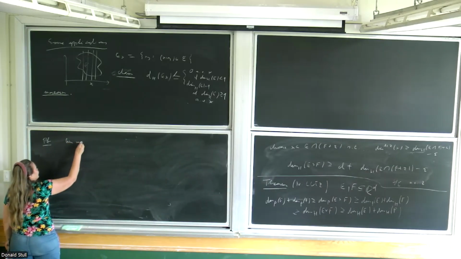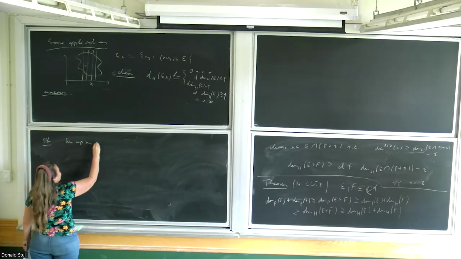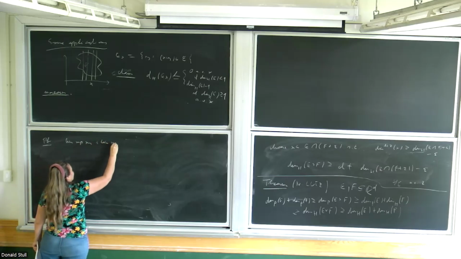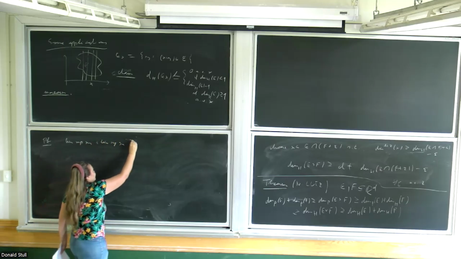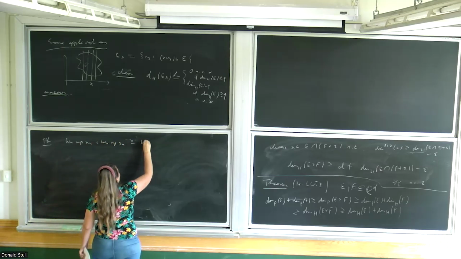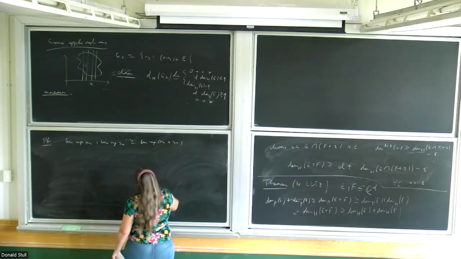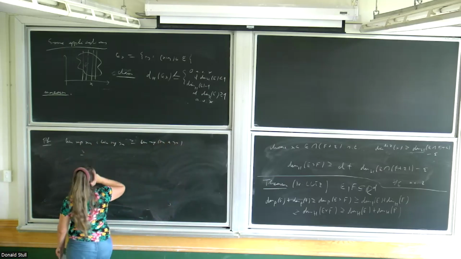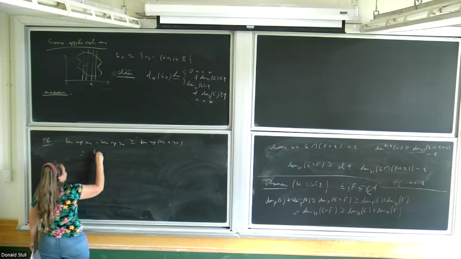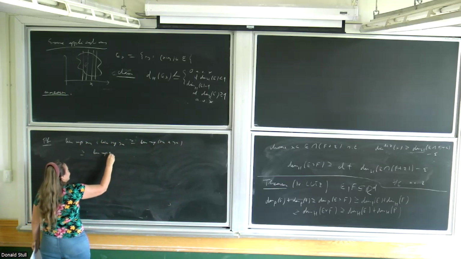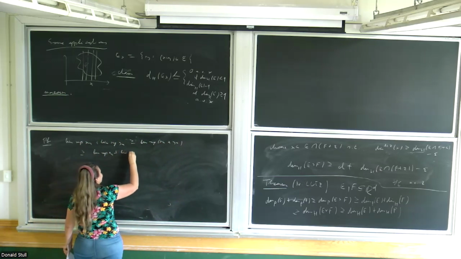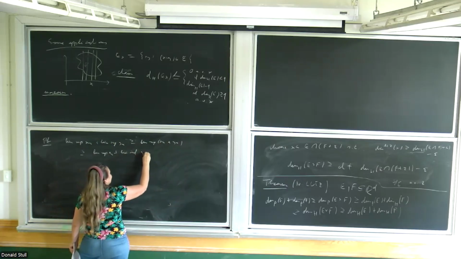lim sup x_n plus lim sup y_n is larger than lim sup of x_n plus y_n. It's larger than lim sup x_n plus lim inf y_n.